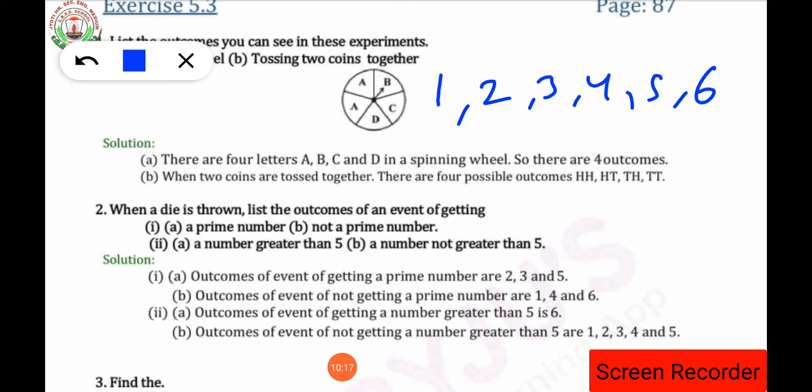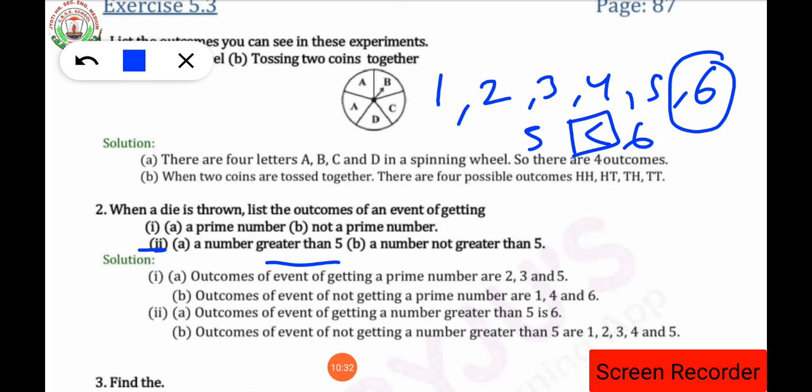Okay. So here, in the second part of the question, it is said greater than 5. So what are the numbers greater than 5? Obviously the number greater than 5 is 6. A die has only one number greater than 5, which is 6. If it is asking about greater than 4, then we have two numbers, 5 and 6.